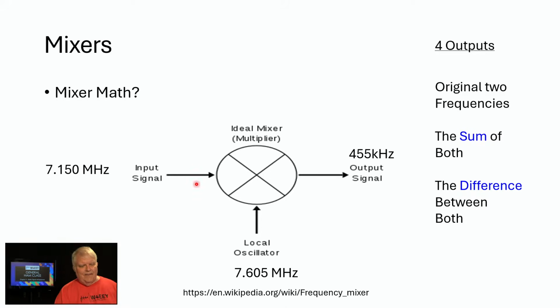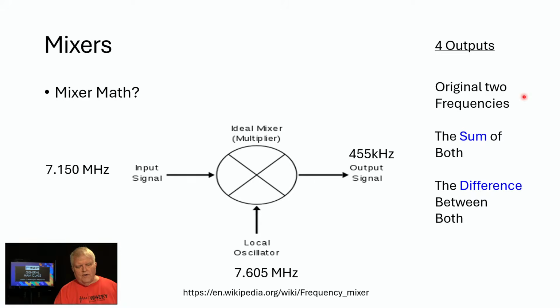Well, to get this frequency, 7150, to this frequency, we had to go through a mixer, and we would mix a local oscillator frequency of 7.605. And when we did that, you would get 4 signals on the output of the mixer.